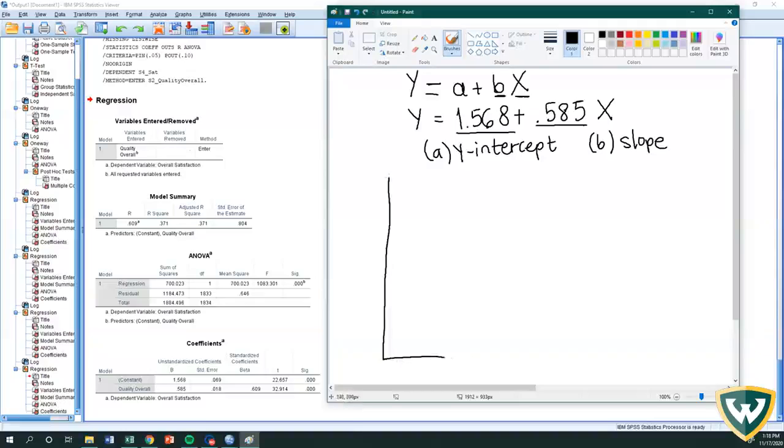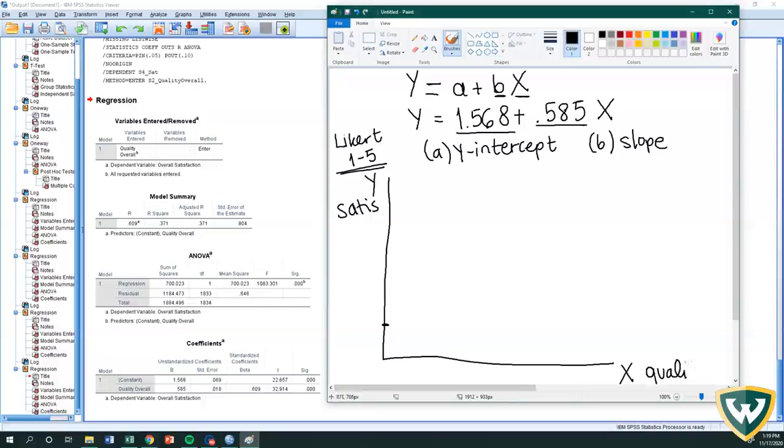And I had all my variables in my questionnaire on a Likert scale of 1 to 5. So keeping that in mind, let me go ahead and draw this relationship between X and Y for you. My y-intercept equaling 1.568 means that if my X equals 0, then my Y value, which is satisfaction, this was quality.